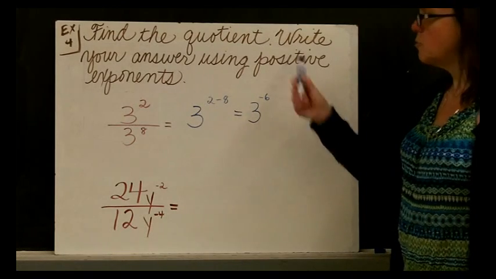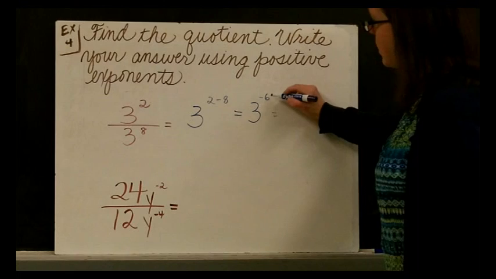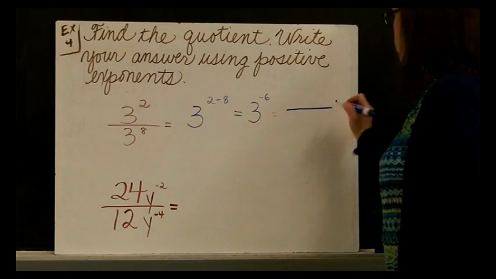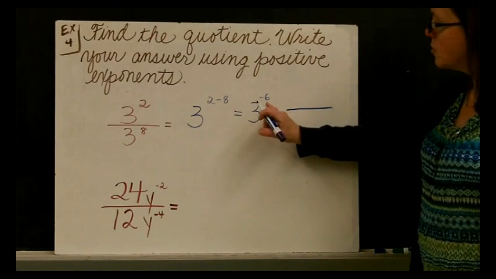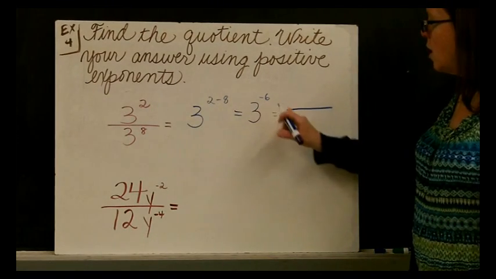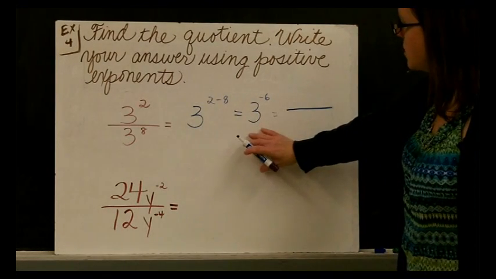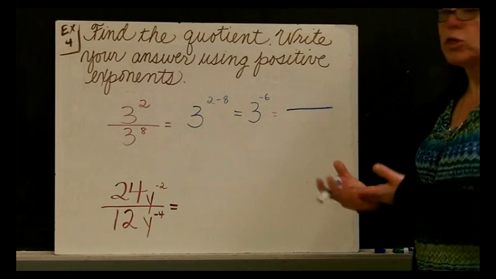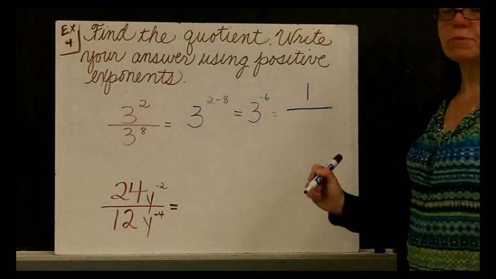Now we're only allowed to use positive exponents, which means that since we have a negative exponent here, we have to open up a fraction bar. And that's key. That's good for you to remember. Whenever you see a negative exponent, open up a fraction bar. Now because this power is basically by itself, it has no other coefficient, it has nothing with it, it means our numerator is 1.